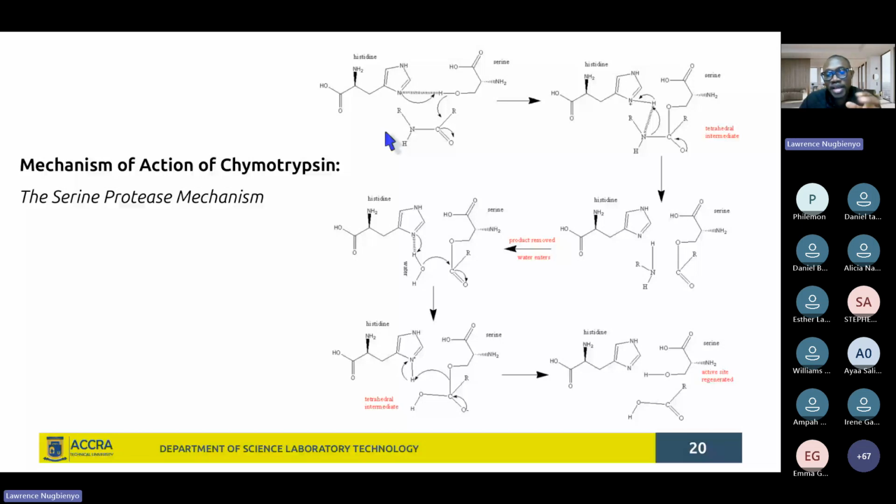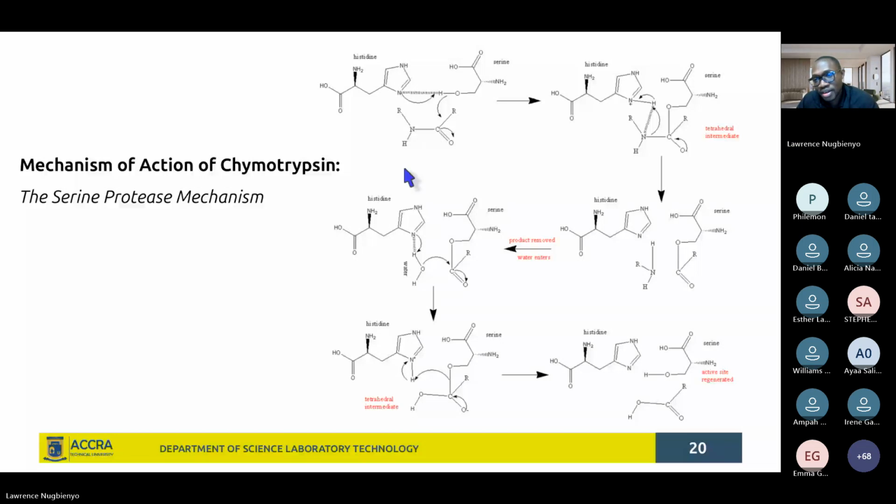We are showing it just with the peptide bond between an amine group and a carboxylic acid group. So an amine group of one amino acid and the carboxylic acid group of another amino acid. The peptide bond is what is between the nitrogen and the carbon, which is to be broken.